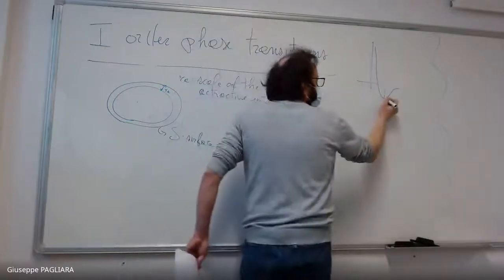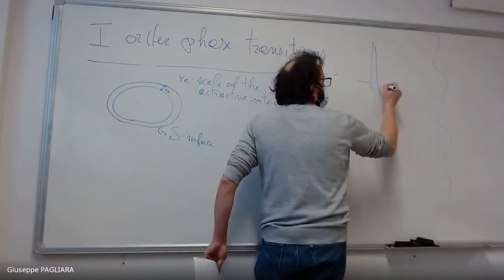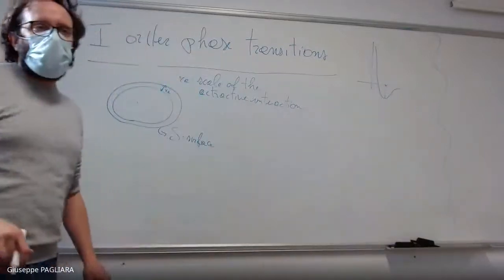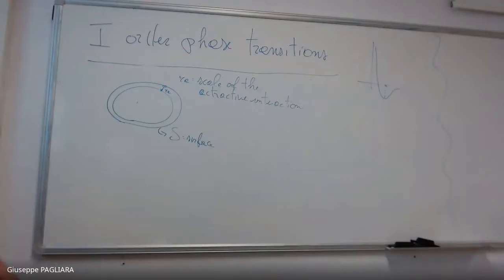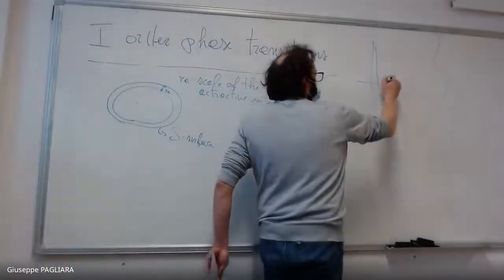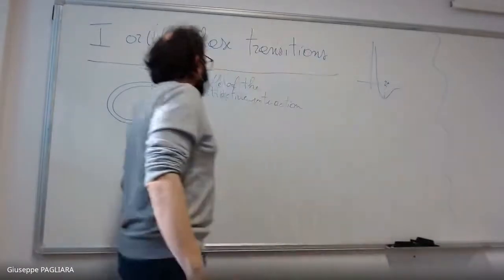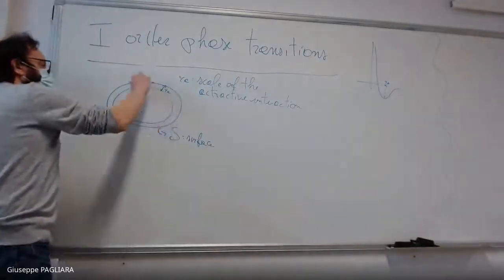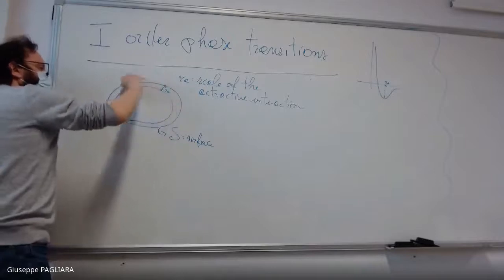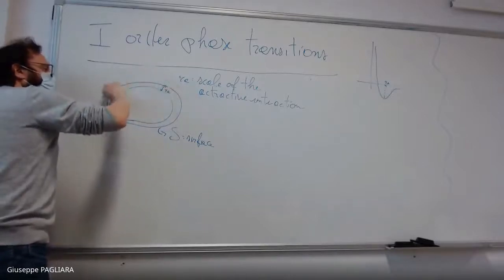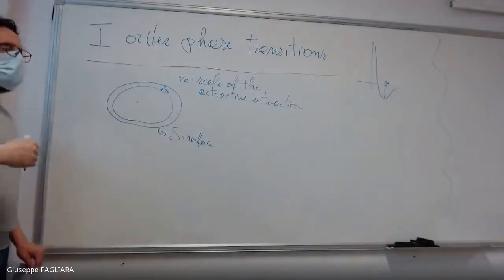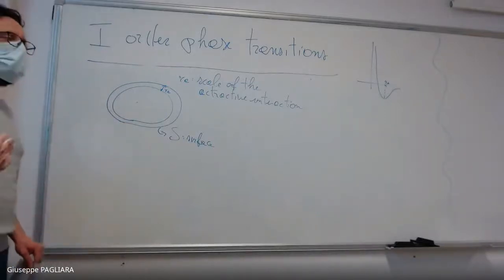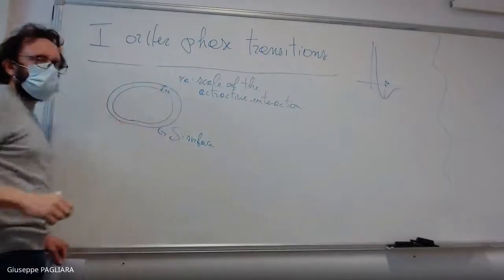So this is the scale, the distance at which the attractive potential has the maximum of the strength, okay? So within this layer, particles feel the attraction, and therefore, by feeling the attraction, they exert a reduced value of the pressure to the wall of the box.